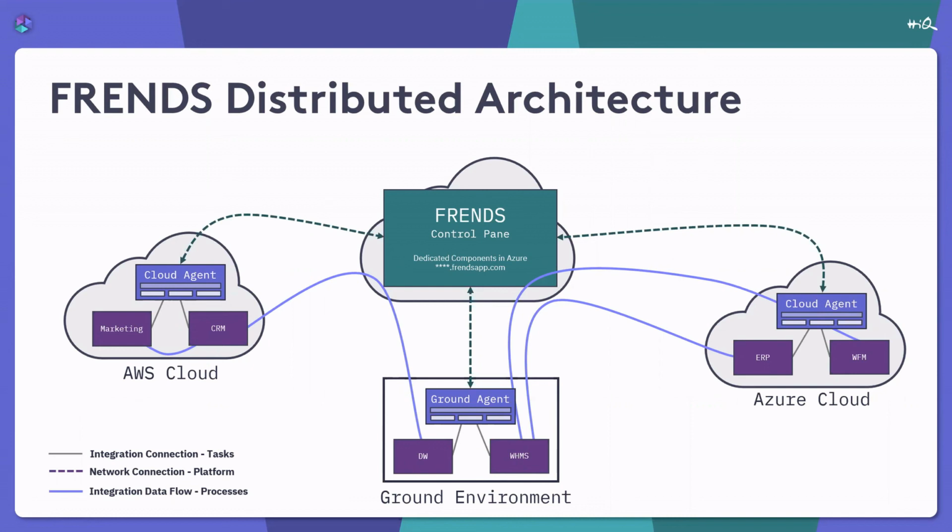But the main ideology here is that we can put the agents in any of the big three public cloud providers, and additionally in the on-premise environment as well, and we can start creating integration flows which can start at any point of the bigger picture or the integration environment as a whole.